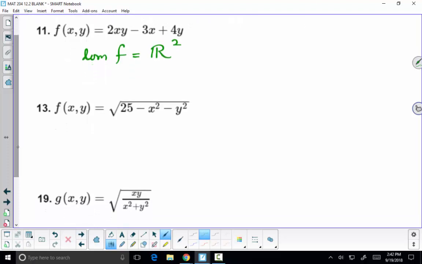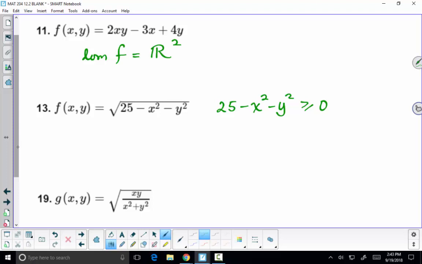All right, so this one, we have a square root function. We know there's going to be a restriction because we can't take the square root of a negative. So we know that we want to talk about the set of points that satisfies this inequality. That quantity has to be greater than or equal to 0 for the square root to be defined. We can't have any negatives in there.